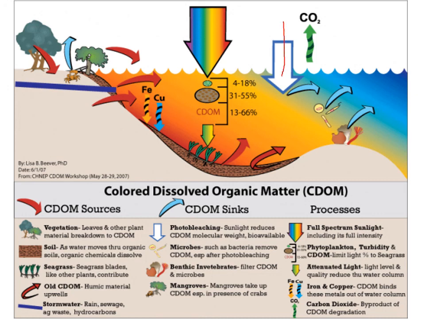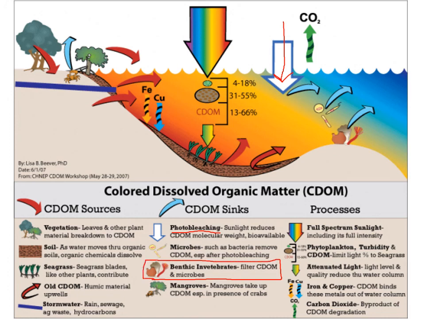Strong sunlight, illustrated by this white arrow here, tends to bust up or photo bleach the dissolved organic matter, and that can turn these refractory compounds into compounds that are more easily broken down and consumed by bacteria and such.